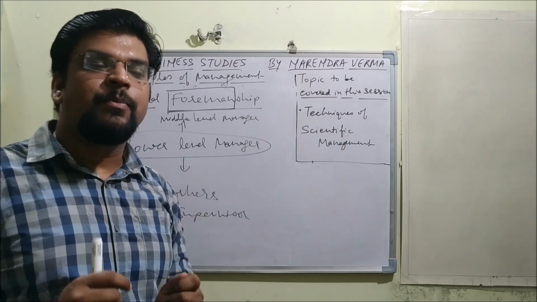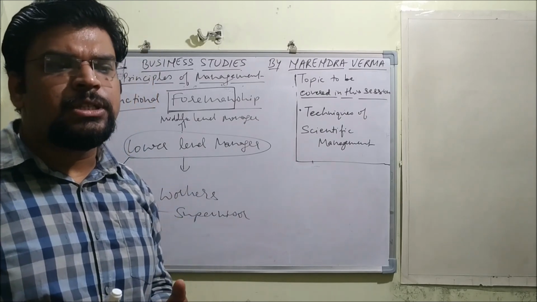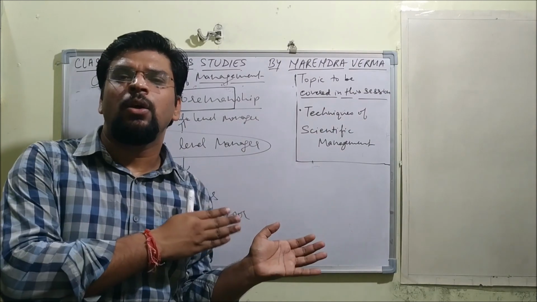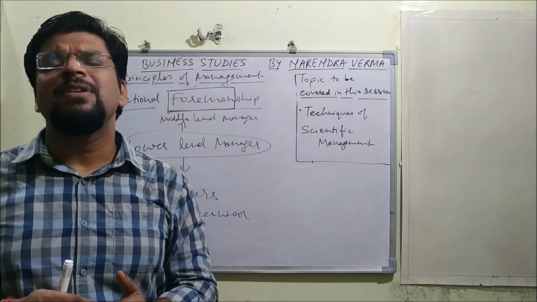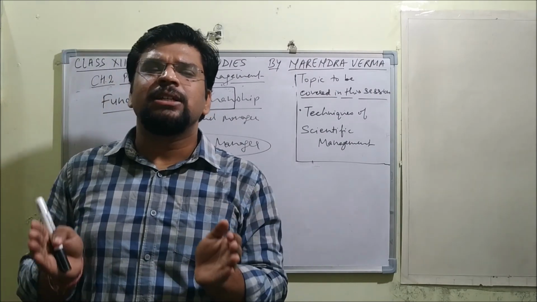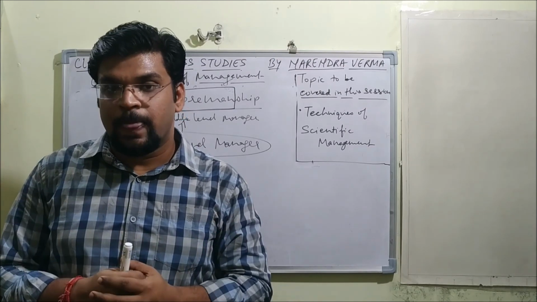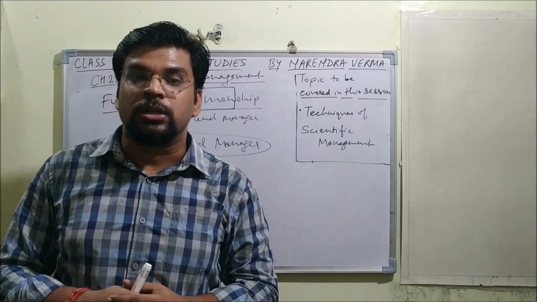And it happens mostly in factories. In the factory system, there is a position called foreman or supervisor. Because the middle level manager and the top level manager do not get stuck dealing with the workers. They are not so efficient to deal with the workers.